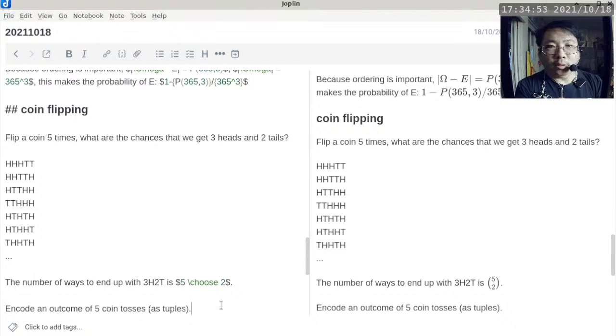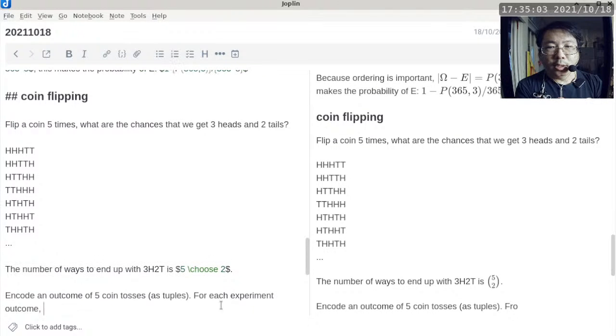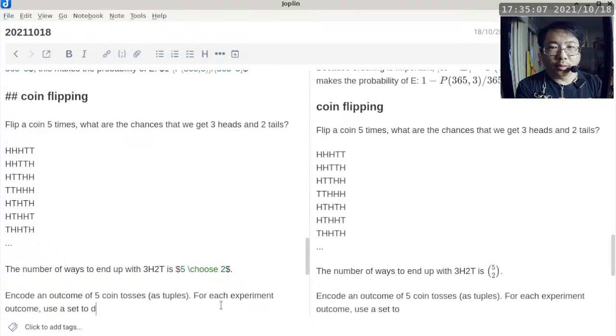For each experiment outcome, use a set to denote when the tails happen. That looks kind of vague, so I'll explain.